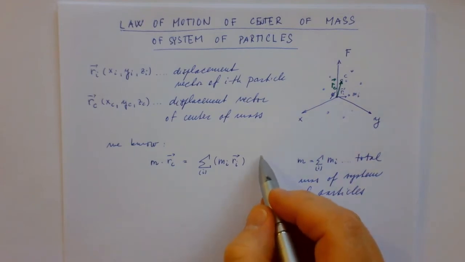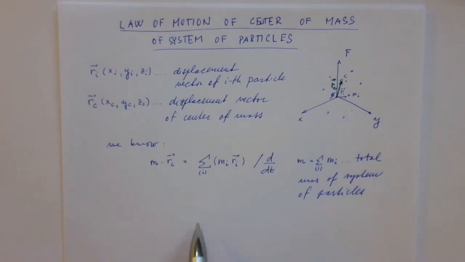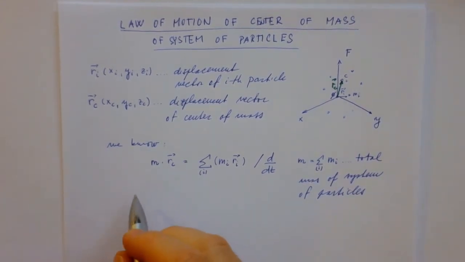But we can also make a derivative of this equation. And if we make a derivative of the left side of the equation, we get m, it's a constant, it's standing outside of the derivative.